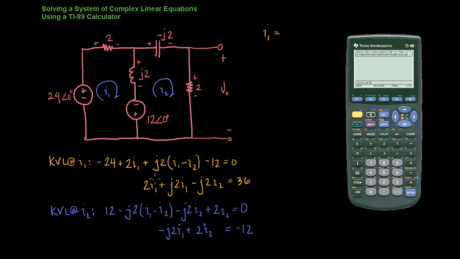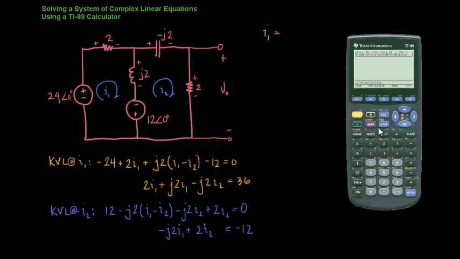And I'm going to substitute x for I1, and y for I2. So I'll just have to keep that in mind as I progress through writing this equation. So we get 2x plus, and I'll put the I at the end. Okay, the j will be an i in the calculator, right? 2, I1 is x.